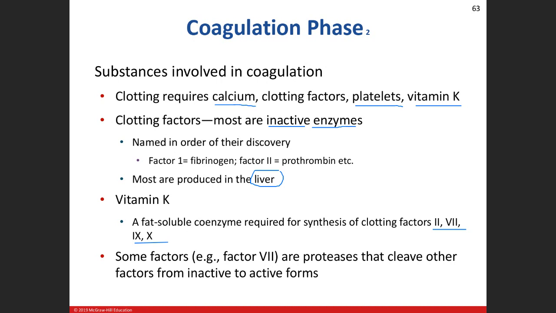And then some of these factors, if you follow the enzyme pathway here, are going to activate some of the inactive forms. That's what we're talking about here. They're proteases, and a protease is an enzyme, a protein enzyme, that's going to take an inactive clotting factor and activate it. And then that allows that cascade, that flow chart here.